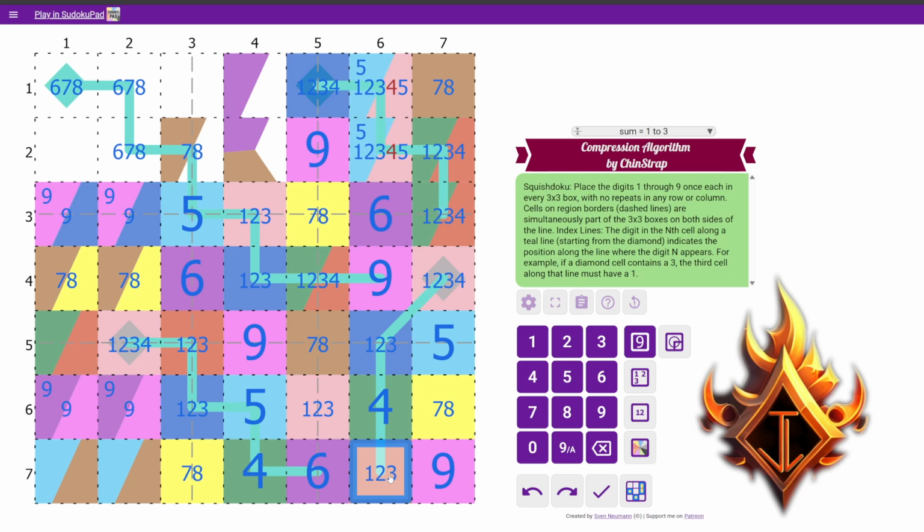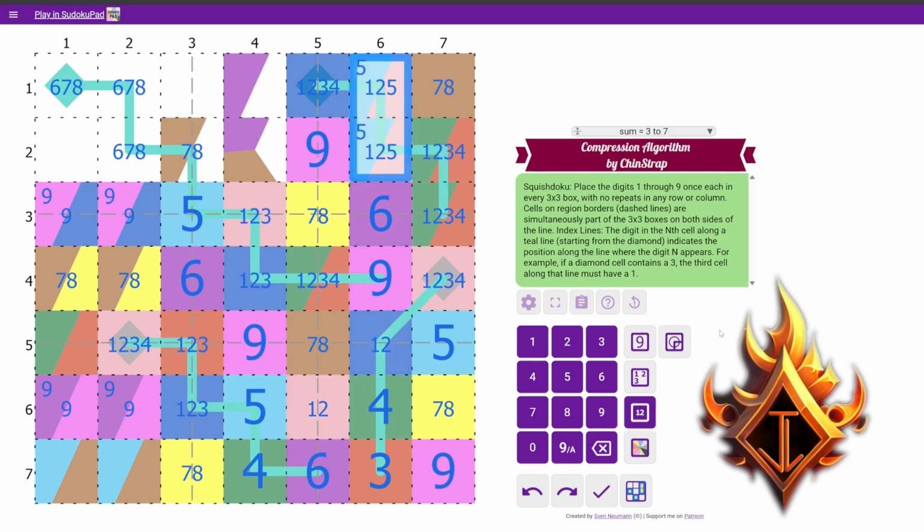Yeah, the 4th digit is 3. Red becomes 3. I don't have any more reds either, for sure. 5, 4, 6, 3, 4. But this will be a 1, 2 now.